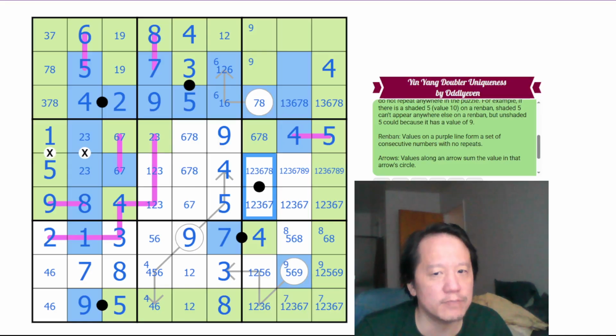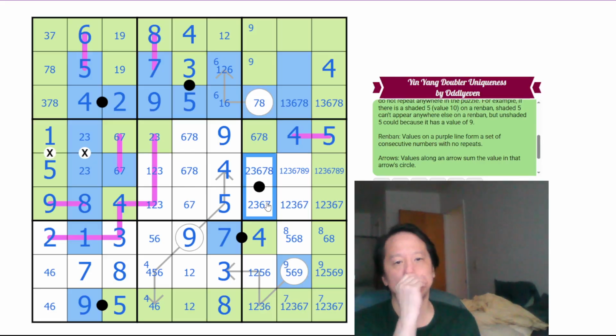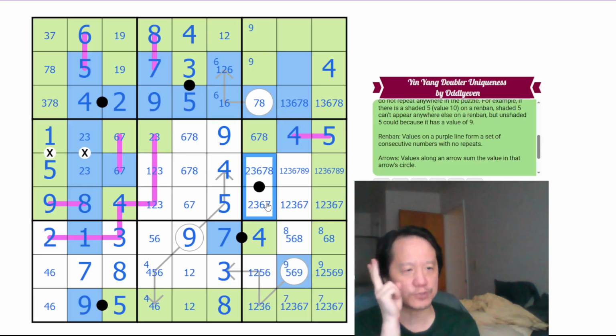So this cannot be 1. If it's 2 here, it could be with 3. So 2, if it were unshaded, would have value of 3. 3 would be in a 1-2 ratio with 6, which is 3 shaded. So that could work. So 2 and 3 could be together.